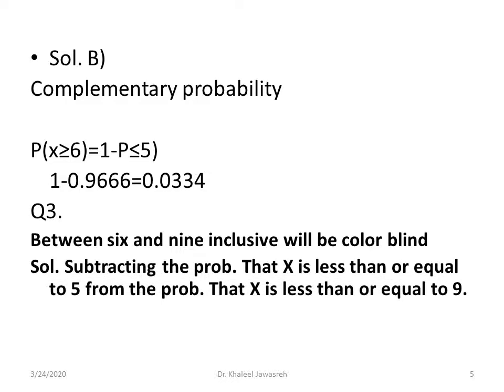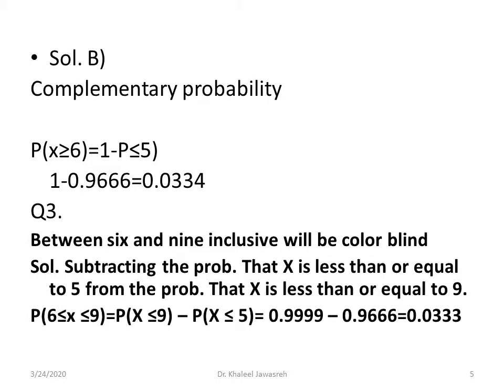So in here we do need to subtract the probability that x is less than or equal to 5, because 6 is included. So we take less than or equal to 5, and also 9 is included. We do need to obtain the value that x is less than or equal to 9.